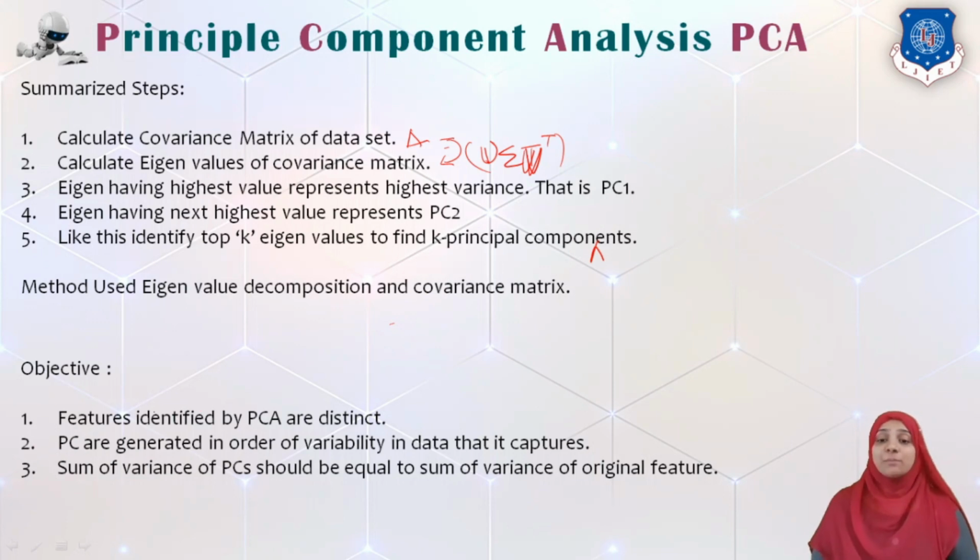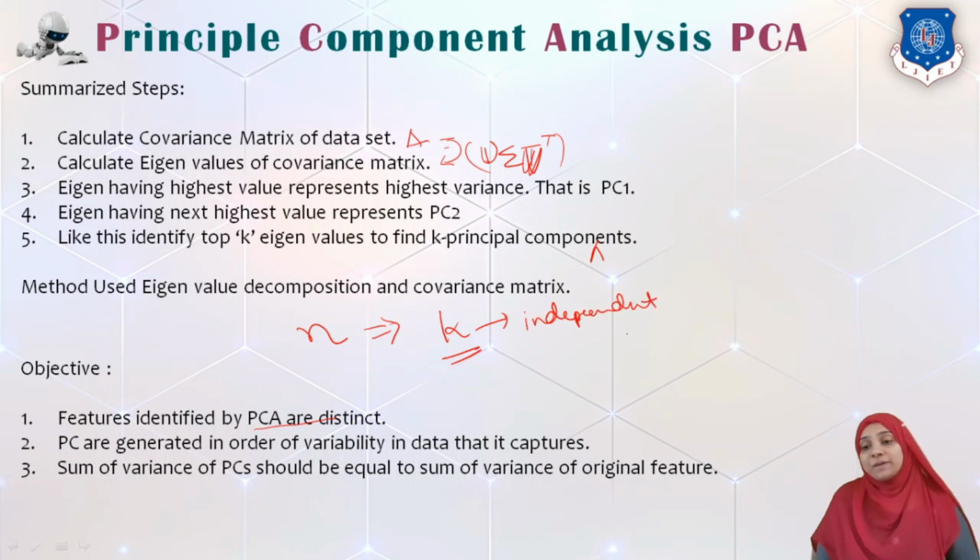Now, what are the important objectives of principal component analysis? Because we originally have n features and we have reduced them to k features, all these k features identified by PCA are independent of each other. Now, what do we mean by independent of each other?